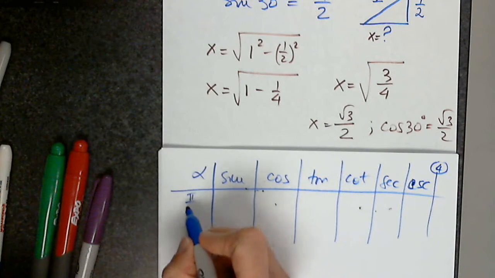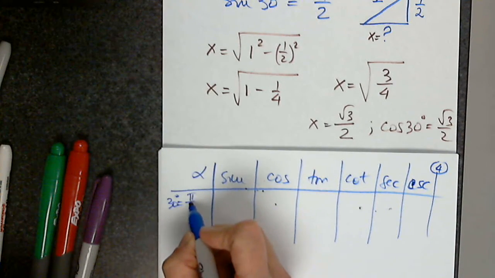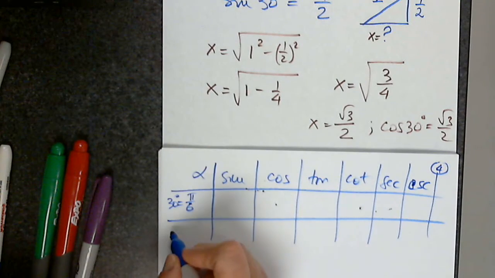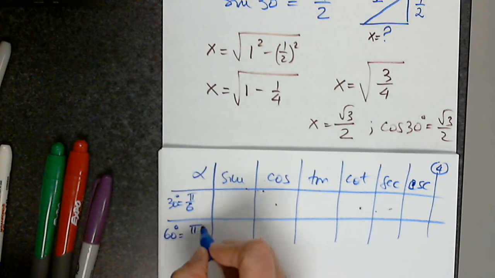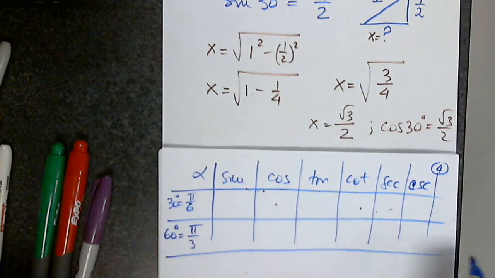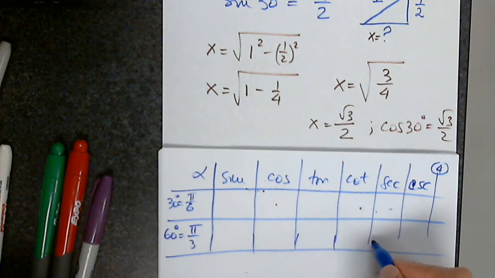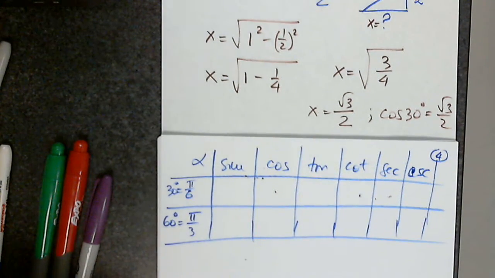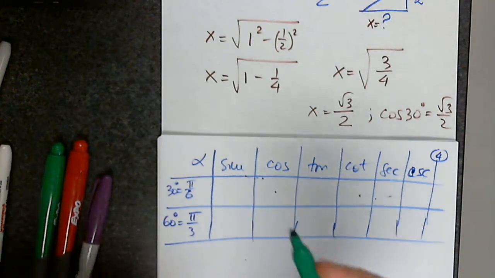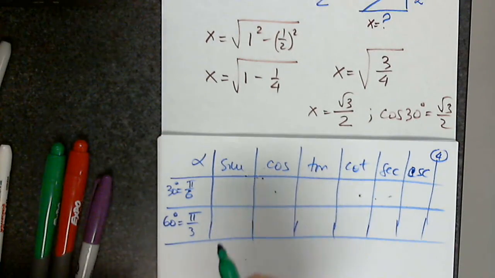And what I don't have is 30 degrees or pi over 6 and 60 degrees or pi over 3. So you already told me sine 30 is, and we cannot ever forget this, 1/2. And cosine?